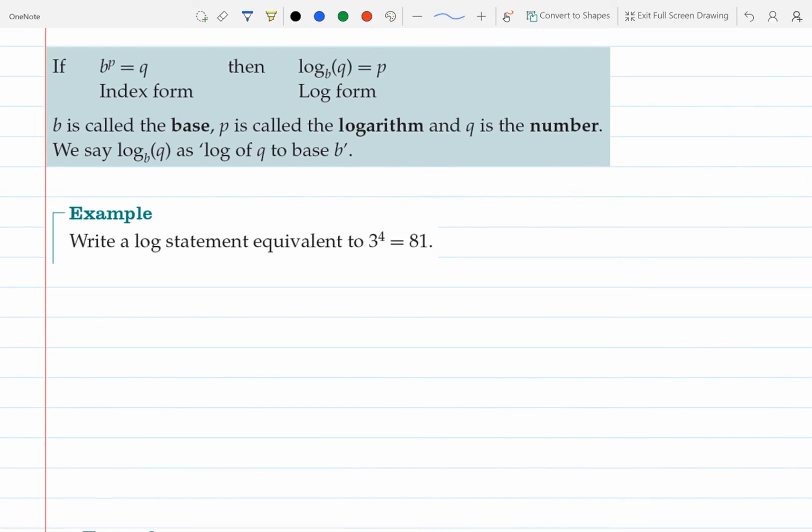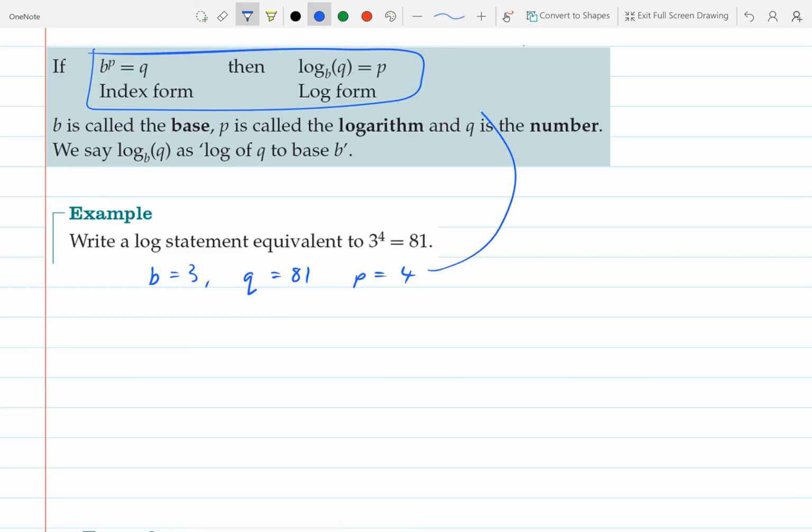So when we're using these formulas with this example that we're looking at, it's important to identify b, p, and q. So b for this one, our base, is 3, and q, our number, is equal to 81, and p, what we want to work out a logarithm of, is going to be 4.